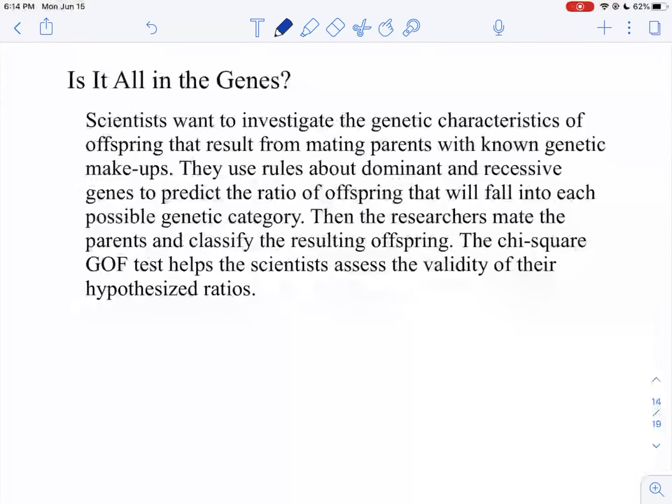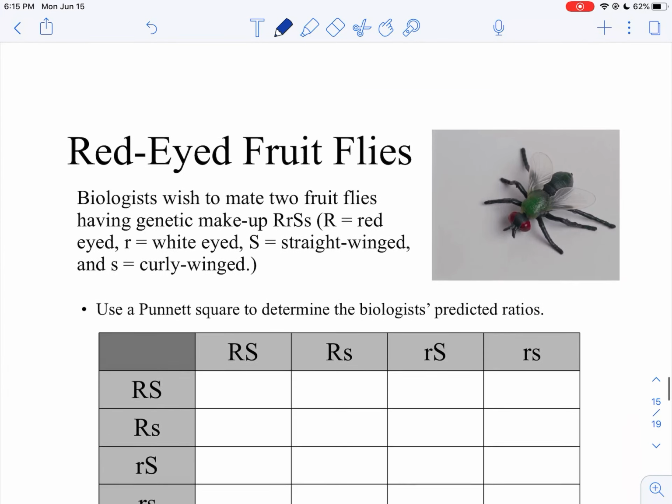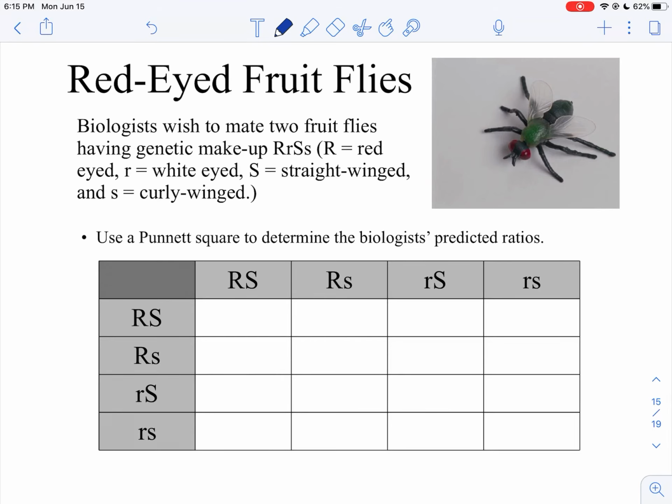They use the rules about dominant and recessive genes to predict the ratio of offspring that will fall into each possible genetic category, and then they mate the parents and classify the resulting offspring, and then use that chi-square GOF test to assess the validity of their hypothesized ratios. Okay? So, back to that good old Punnett square.